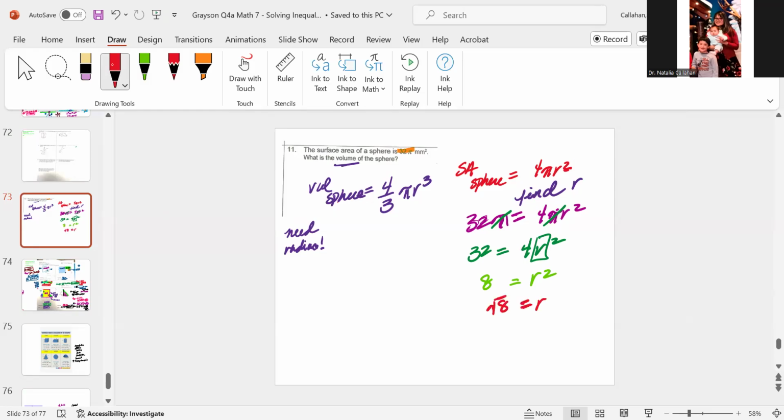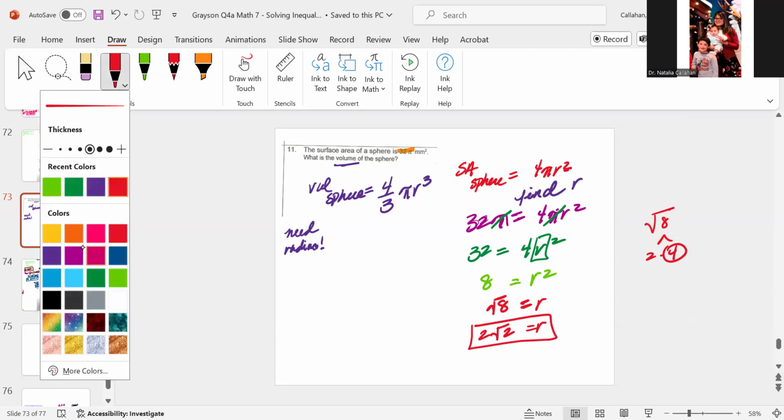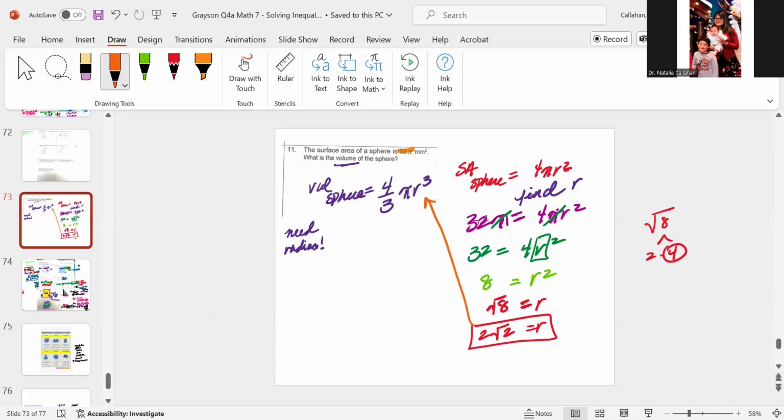What's my answer? Simplify it. Good. Now that I have this, can I find the volume of the sphere? I take this and I plug it in right there. Now plug it in.